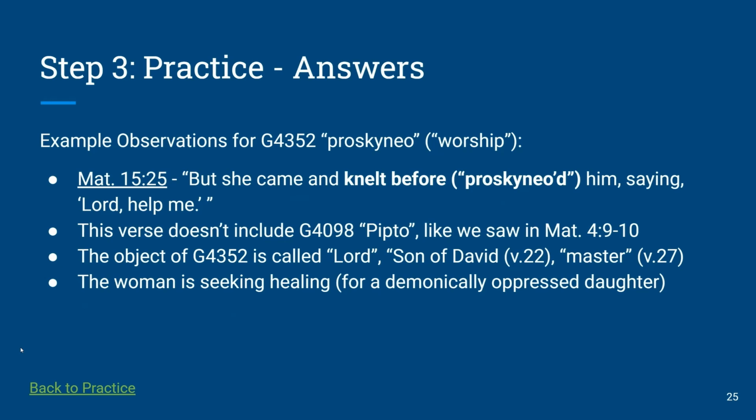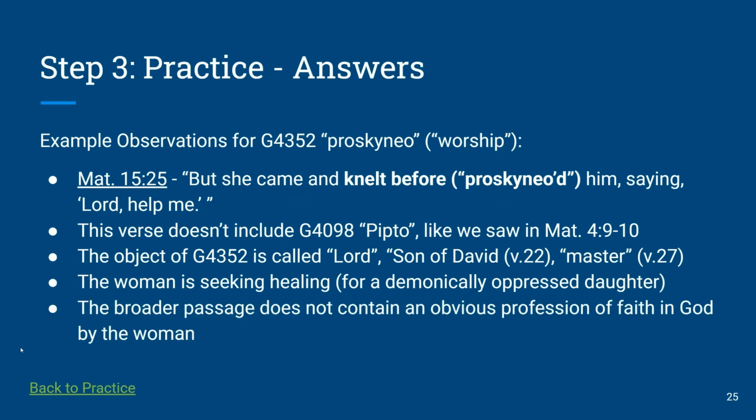So the woman is also, we can say, seeking healing for a demonically oppressed daughter. This is something that we get from the broader context outside just verse 25 on its own. Basically, one thing that's interesting also is that the broader passage does not contain an obvious profession of faith in God by the woman, at least not the way we as modern thinkers think of a profession of faith in God.